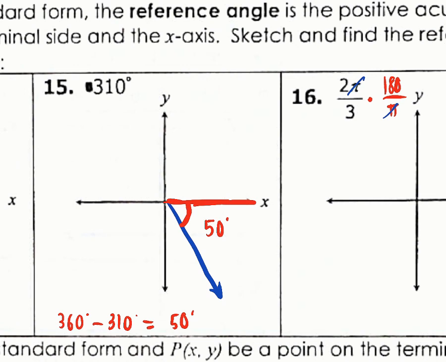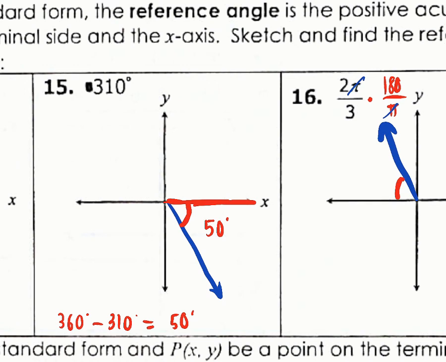Okay, 120 degrees. Where's that at? Well, I go past 90 about 30 degrees, don't I? It's right about there. So we want to figure out how far this is from the x-axis. That's what reference angle means. Look at the x-axis it's touching here.